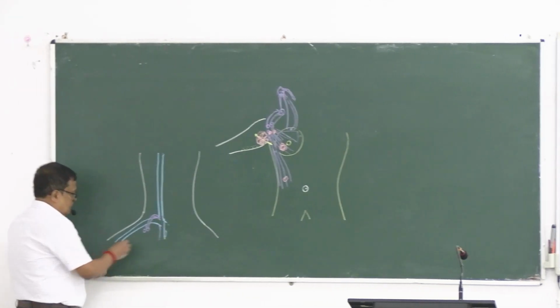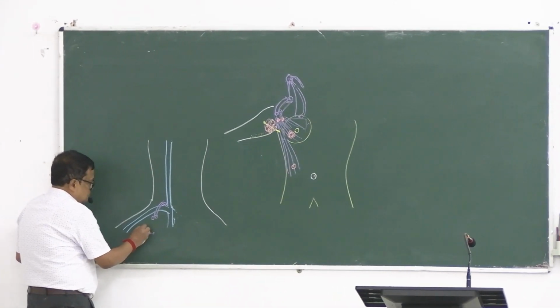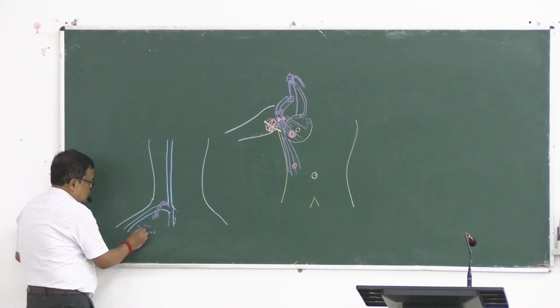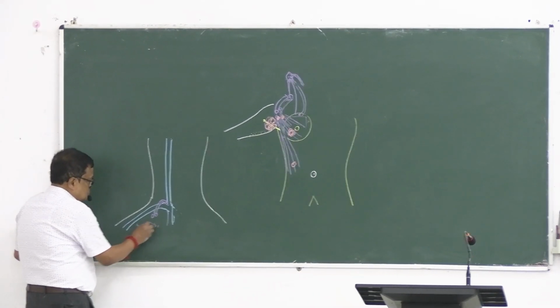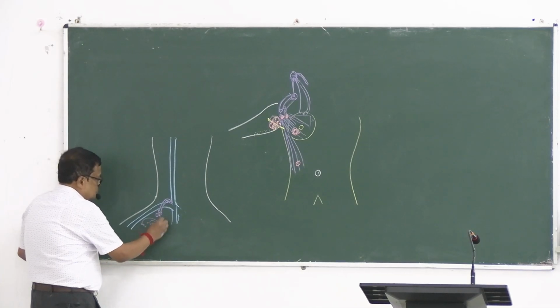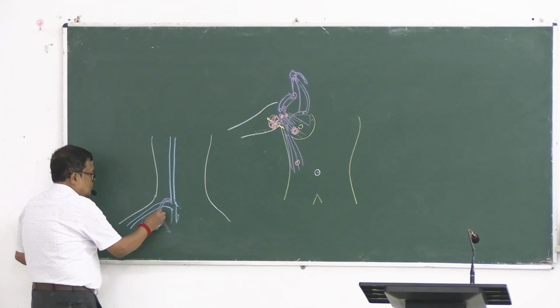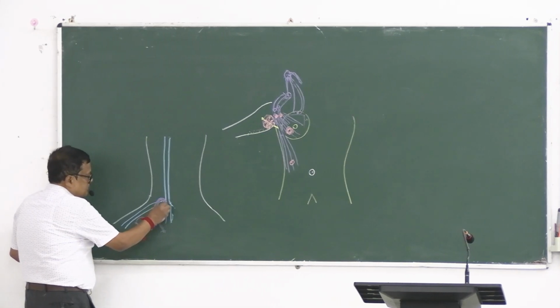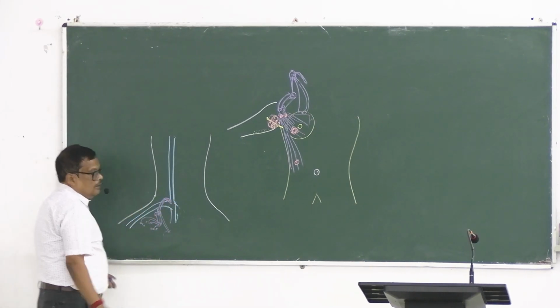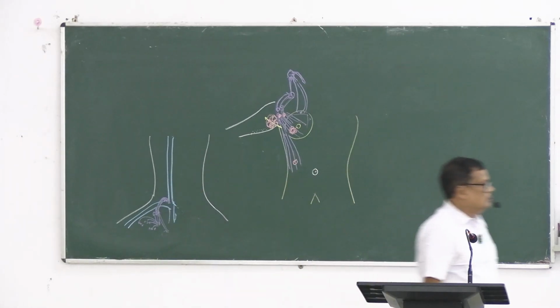So the anterior group, posterior group, lateral group, and central group all go to the central group. From the central it goes to the apical group, and from the upper margin it goes to the apical group, and the apical group ultimately drains into the vein at the junction of the subclavian and internal jugular vein.